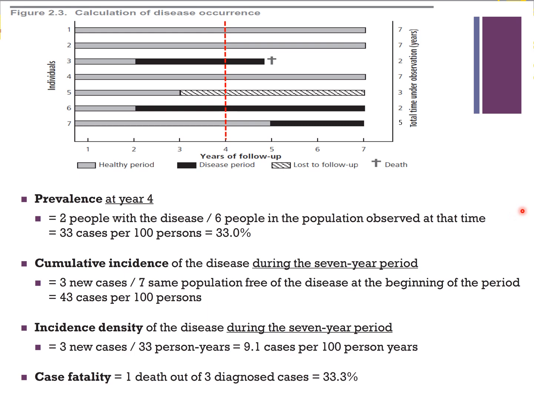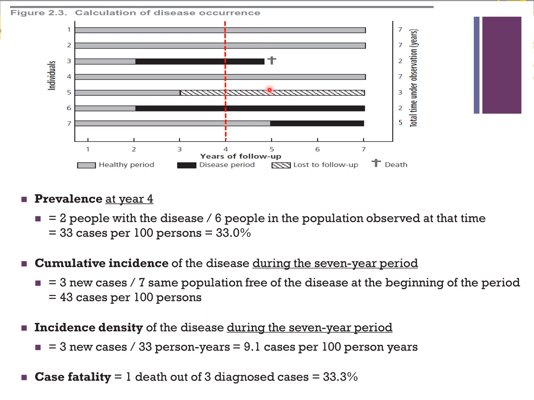So this slide shows another example of how to calculate point prevalence, cumulative incidence, incidence density, and case fatality. So prevalence at year 4 here is 2 people with the disease, which is the black line, over 6 people in the population observed at that time, which is all these people. 1, 2, 3, 4, 5, 6.